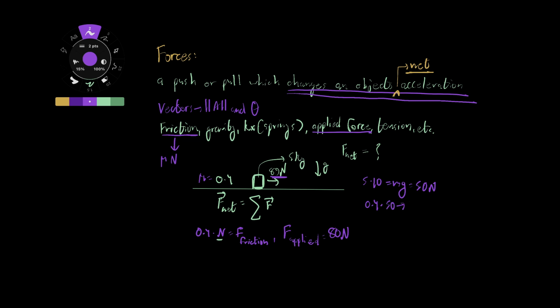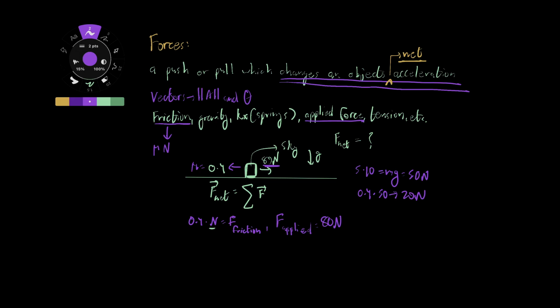Now, since the frictional force always opposes motion, which is another thing that is often covered in many courses, you will have the net force, since 80 newtons is in the direction of the motion, you will have 80 newtons minus 20 newtons is equal to 60 newtons. And there we go, our first example solved.